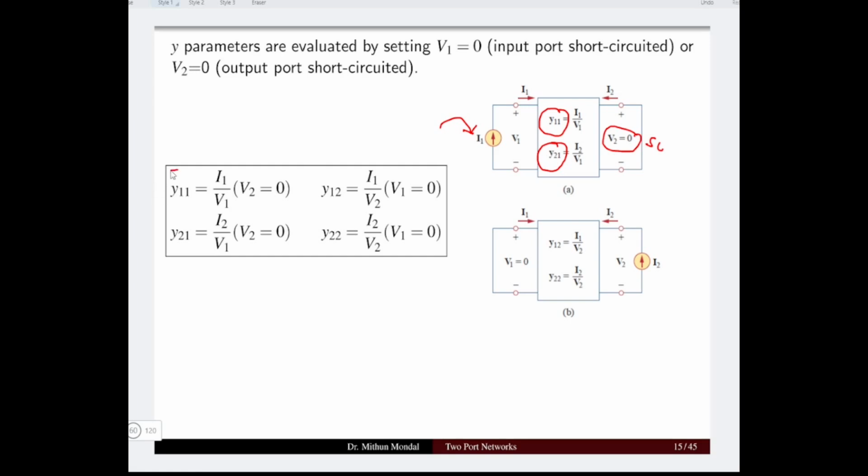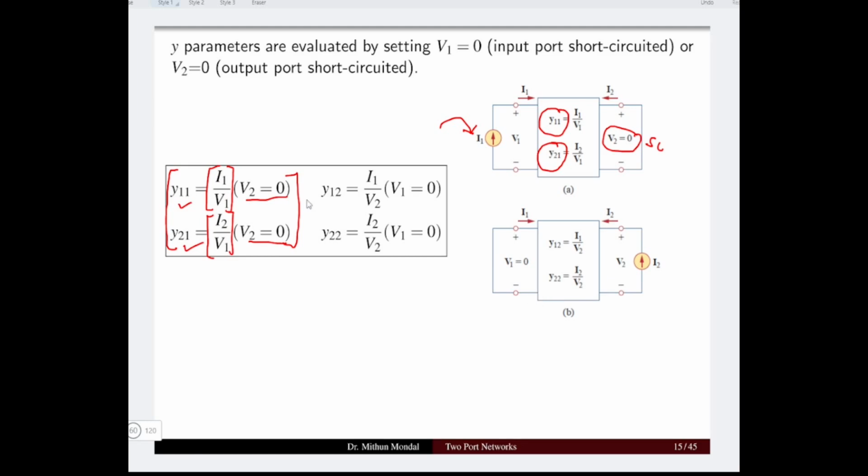So we can obtain the values of Y11 and Y21, keeping the output port short circuited with V2 equal to 0, as the ratio of I1 by V1 and I2 by V1 respectively.